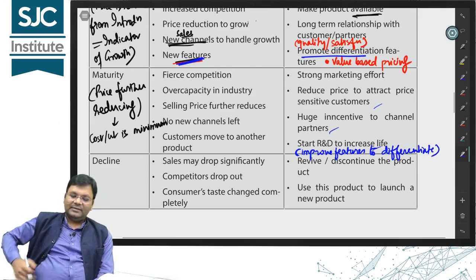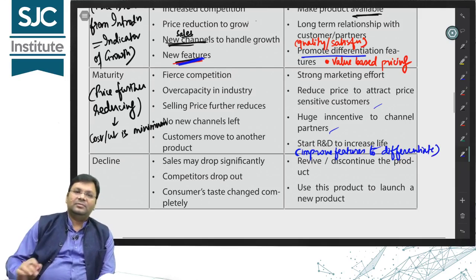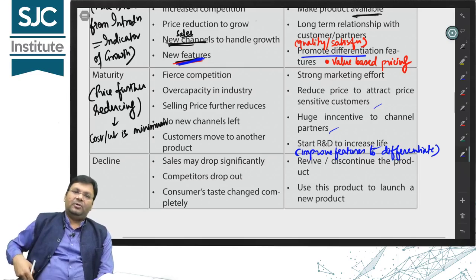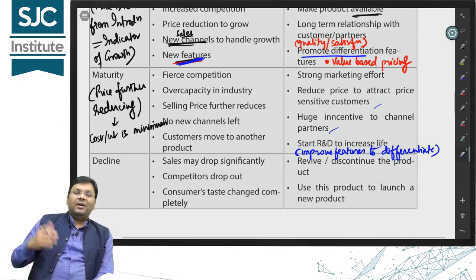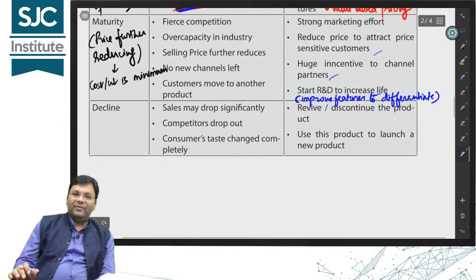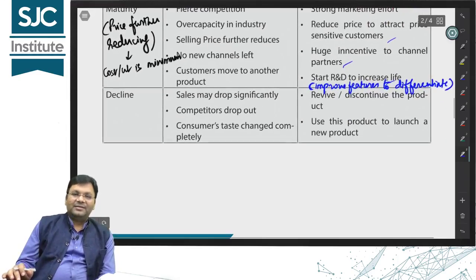Lastly, decline means no more sale is occurring, the product is obsolete. But still there are some laggard buyers, very late buyers who were waiting for a very long time for the price to reach the lowest level.